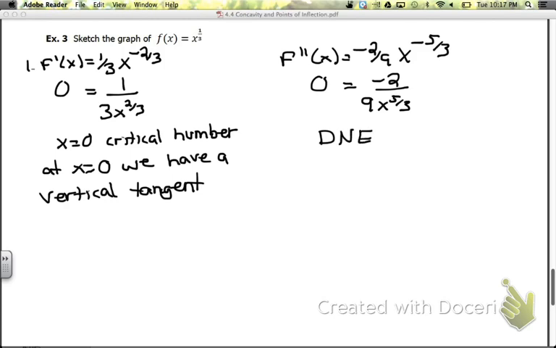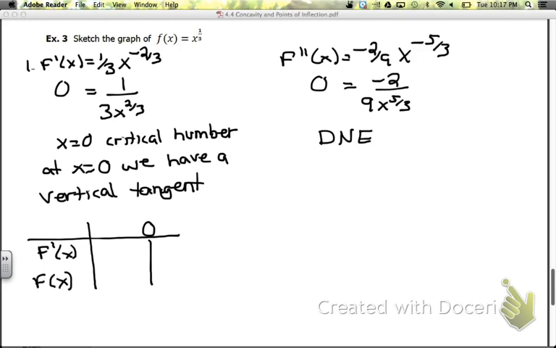So in this case, we're going to look at whether the function's increasing or decreasing and whether it's concave up or concave down. When we're talking about increasing or decreasing, we're looking at our first derivative, on either side of 0.